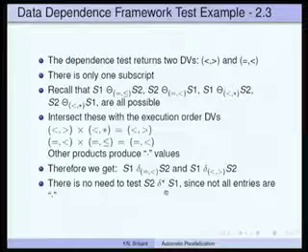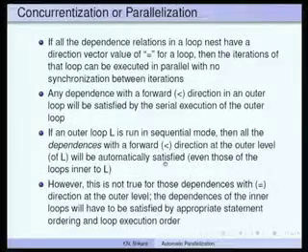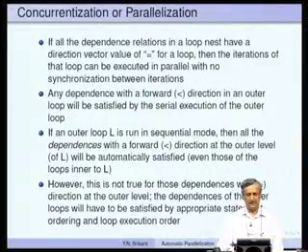Okay. So, that is how we use the dependence framework and Banerjee's test to compute the dependencies in more complicated expressions and loops. So, that is about the dependence framework.